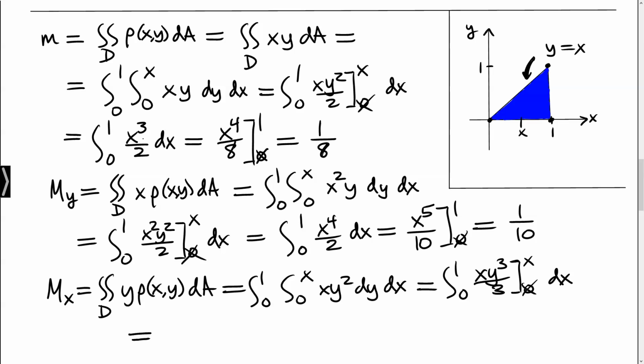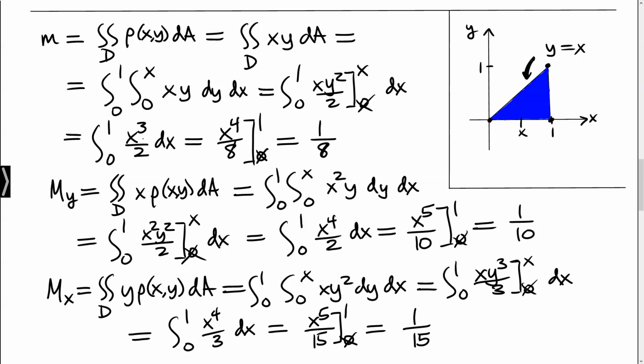And that's going to be 0 to 1 of x to the 4th over 3, which finally is going to be x to the 5th over 15, from 0 to 1. So we get 1/15 for the moment about the x-axis.